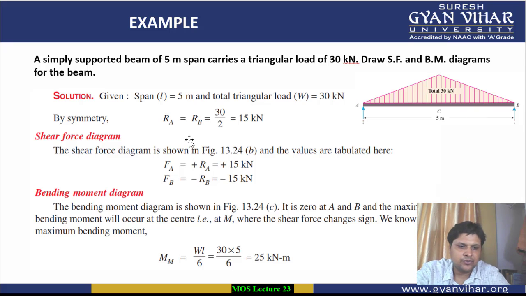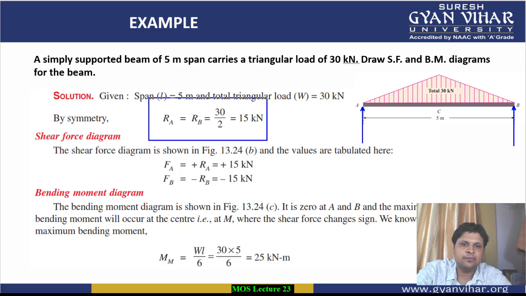All right. And first of all, support reaction we will calculate. It will be equal on both sides. What will be the support reaction? If the total load is W, half will be distributed on both the sides. Means 15 at support A and 15 at support B. This means that RA is equal to RB is equal to 15 kilonewton.